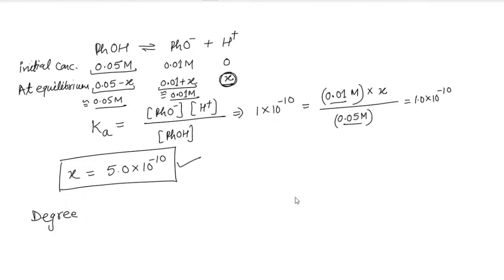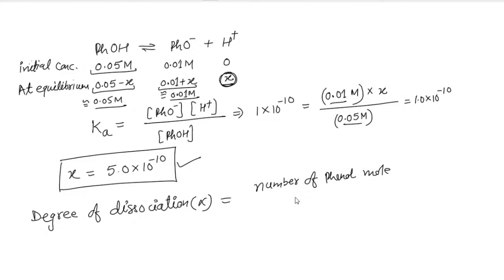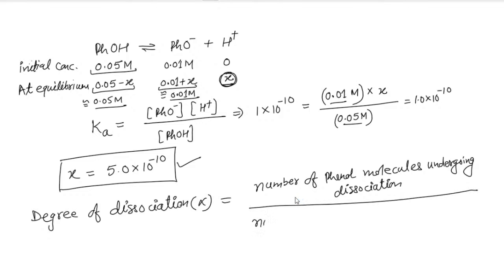So the degree of dissociation, alpha, is equal to the number of phenol molecules undergoing dissociation divided by the total number of phenol molecules.